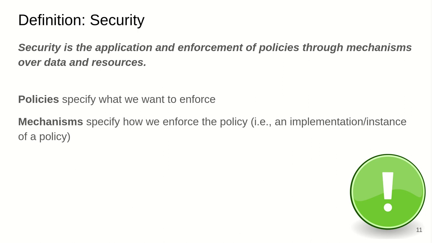This specifies what we want to enforce, like what we want to protect and what is actually being applied. And then mechanisms, which specify how we enforce the policy. A mechanism is an implementation or an instance of a policy, a way to actually apply the policy to a given source space or system or whatnot.